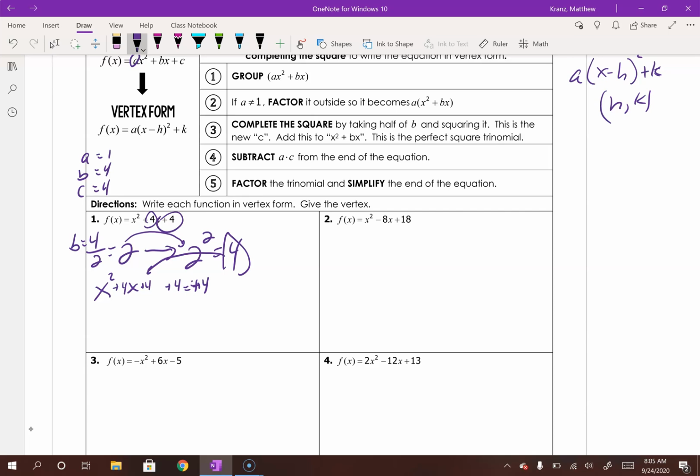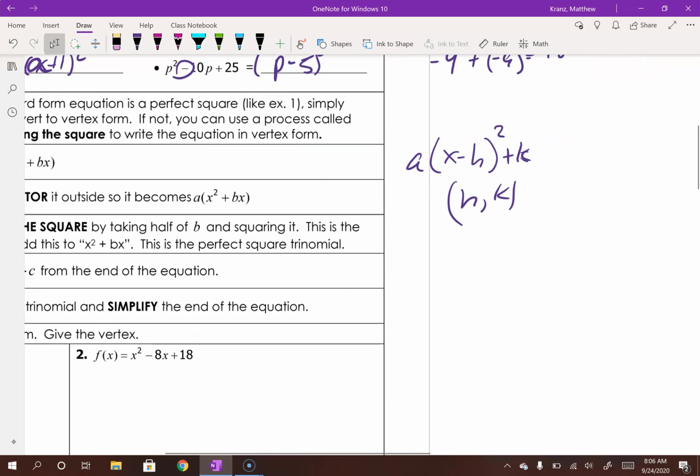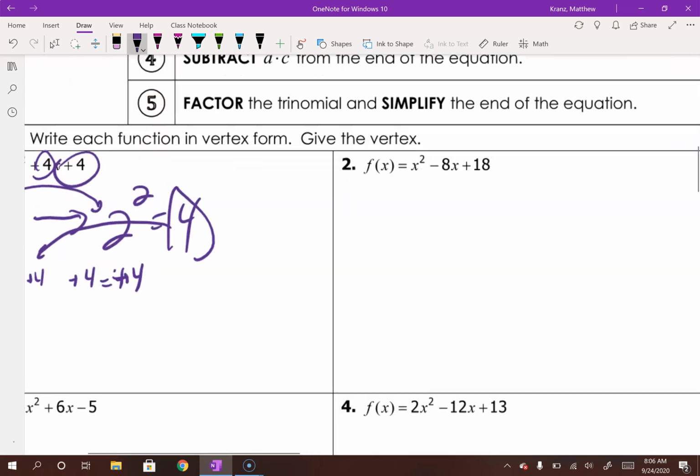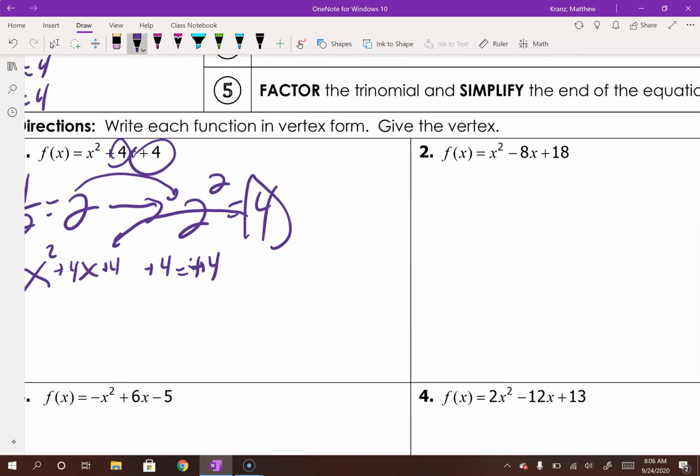Once I've done that, I can now move this into what's called vertex form. My standard equation always equals 0, but over here, my new equation equals a positive 4.